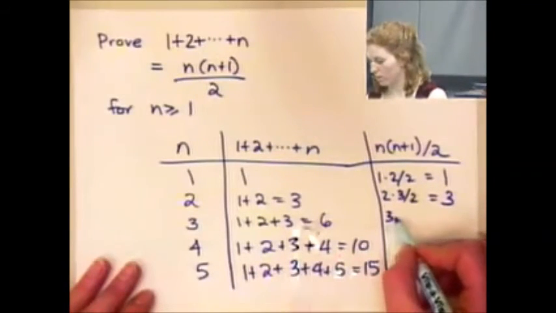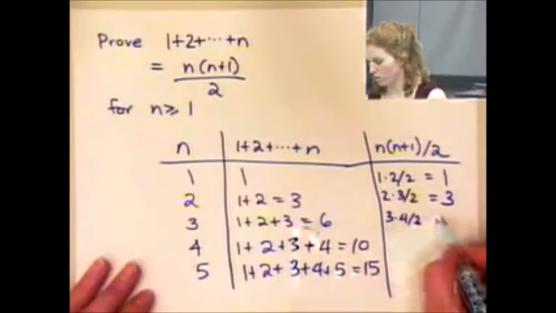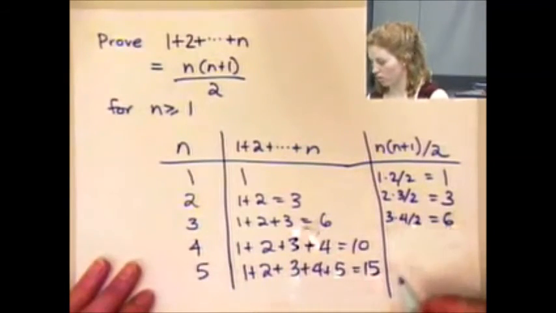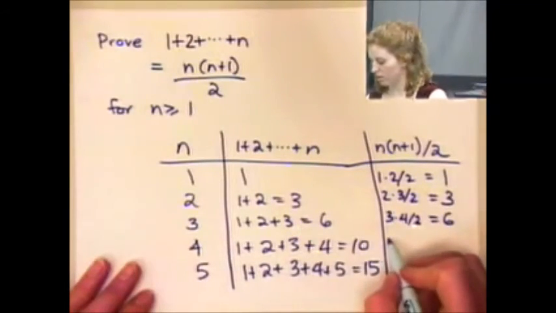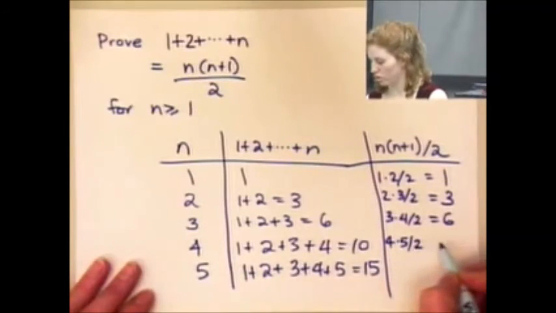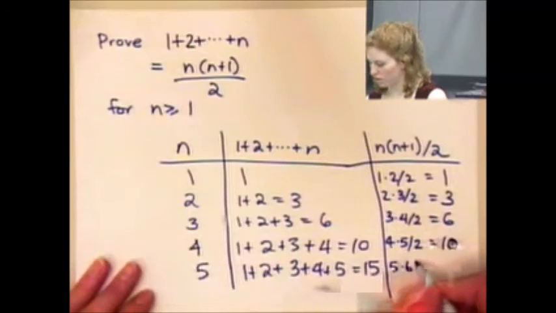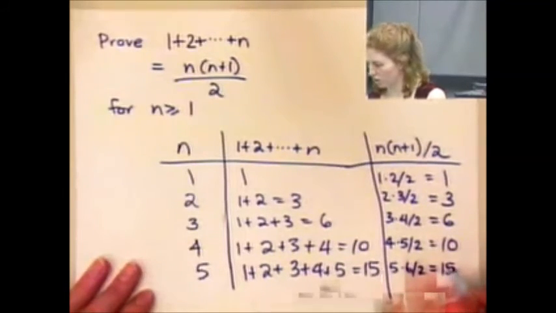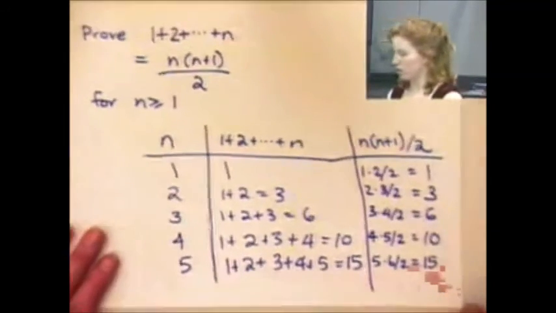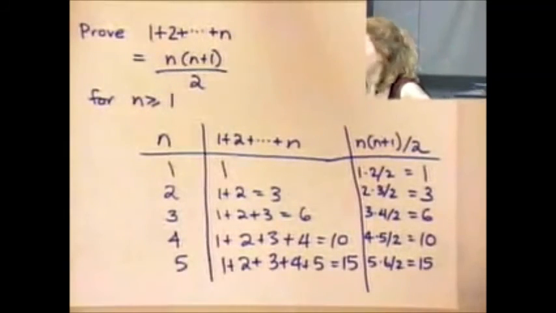In this case, I have 3 times 4 over 2, which is 6. Looks pretty good so far. In this case, it's 4 times 5 over 2, which is equal to 10. In this case, I have 5 times 6 over 2. That's equal to 15. So I'm pretty well satisfied that Tiffany didn't give me a bogus problem.